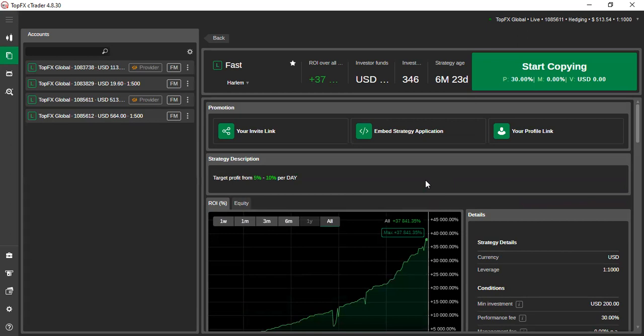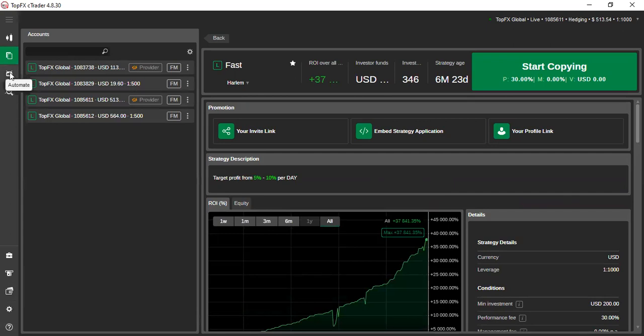So what of the bots? The last two buttons on the top left. No, down, right? The last two buttons under copy.